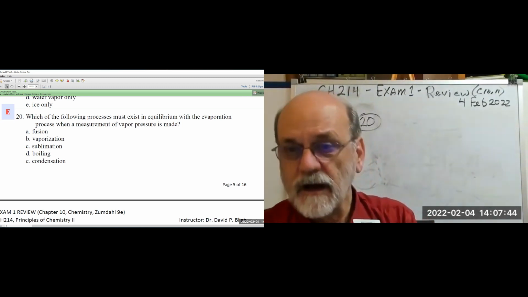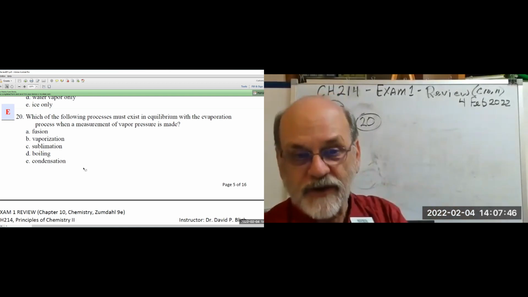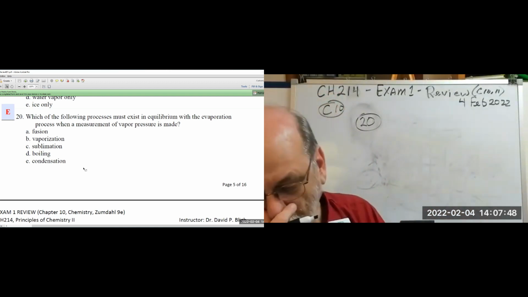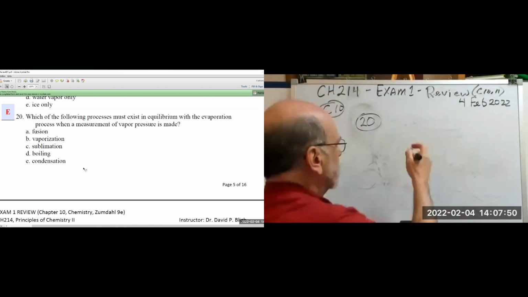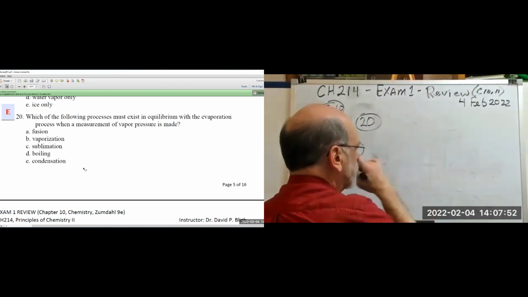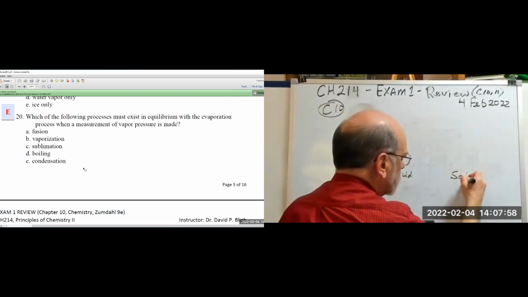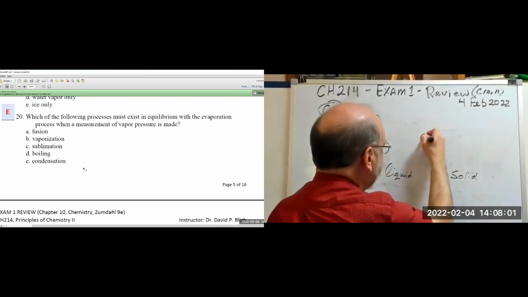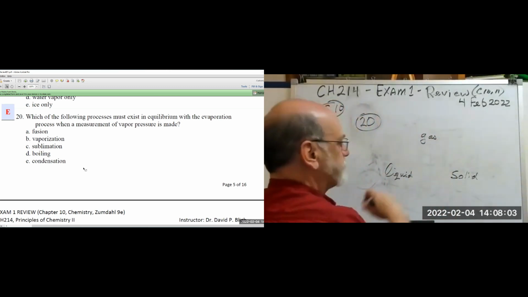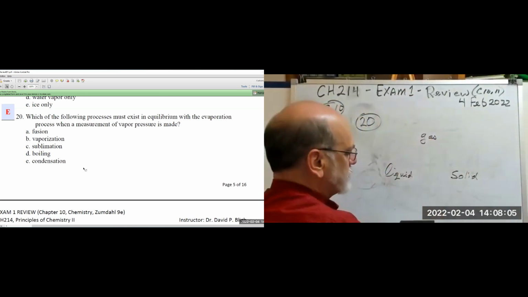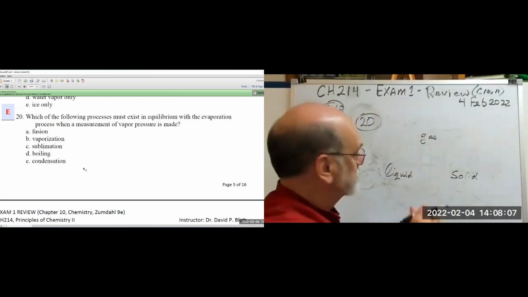All right. A reminder of what these terms stand for. If we have a liquid here, let's say a liquid, solid, and gas. Okay, we can have phase changes among all 3 of those.